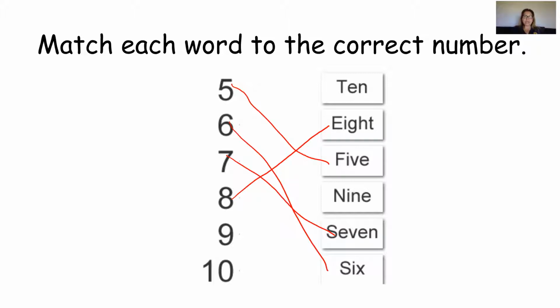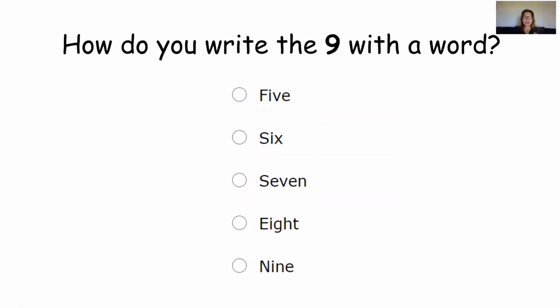E-I-G-H, that says A. All right, the next number that we have is the number 9. 9 starts with an N, so we are looking for a word starting with N. Last number that we are going to match is the 10. We are going to look for a word that starts with a T. 10. Very good. So now let's go to our next page.